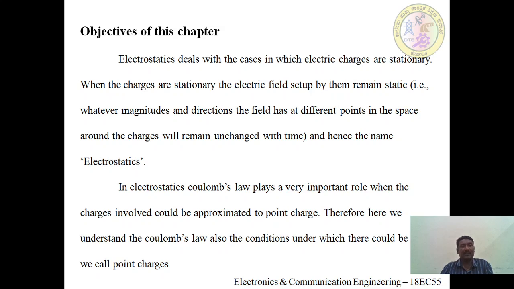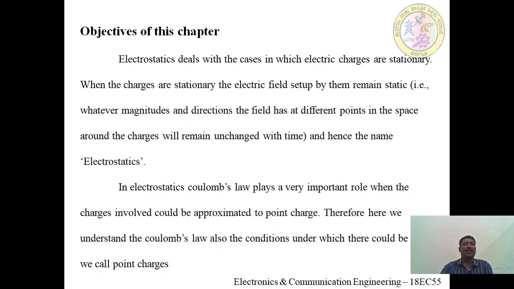Let us see the objective of this chapter, that is introduction to electromagnetics. Electrostatics deals with the case in which the electric charges are stationary. When the charges are stationary, the electric field set up by them remains static.